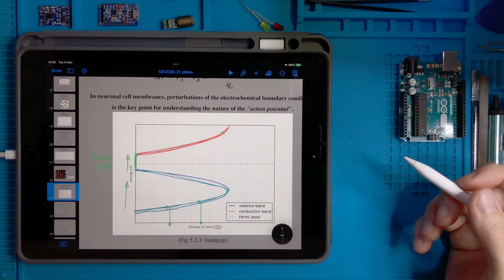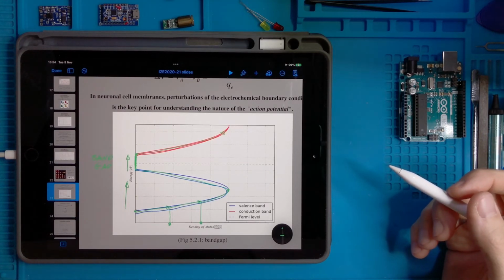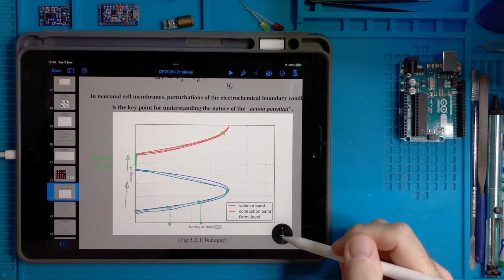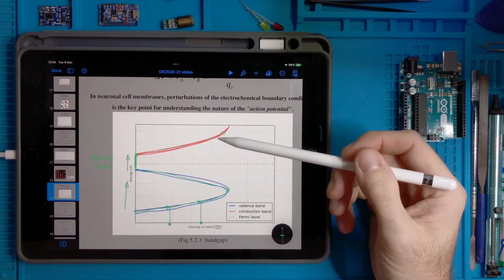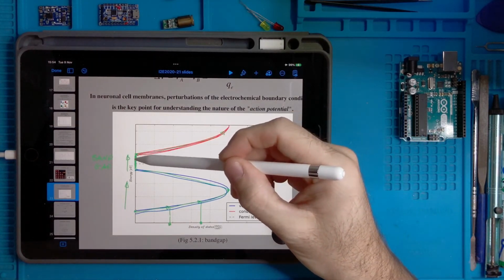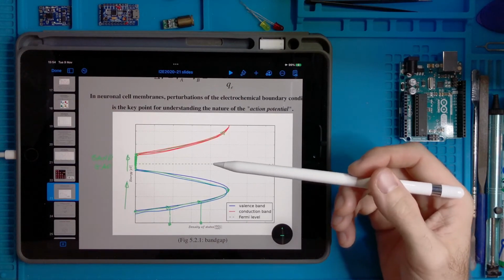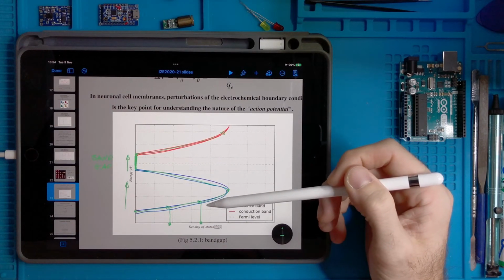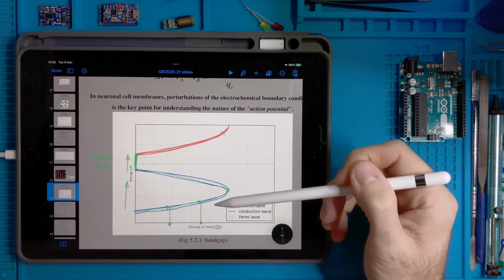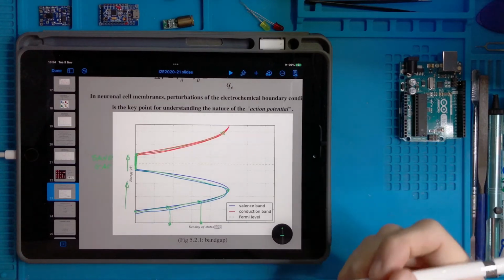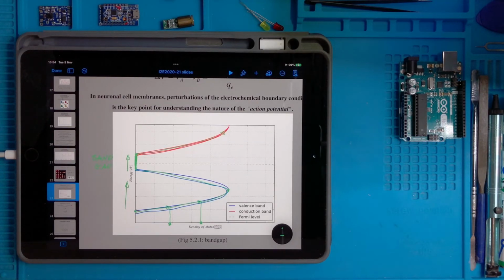Then there is another class of material which is called conductors. So in the conductors, the two bands are overlapped, so the gap is not present, which means that it's very easy to promote an electron in the valence band to the conduction band, and also vice versa. So all the electrons are, let's say, interchangeable.